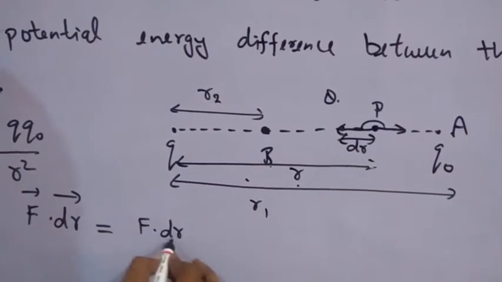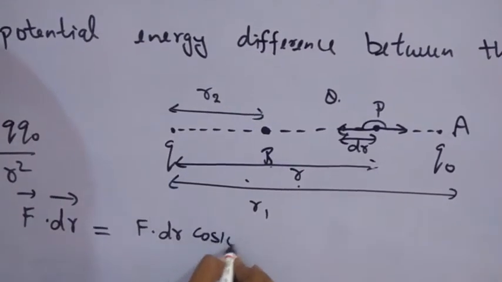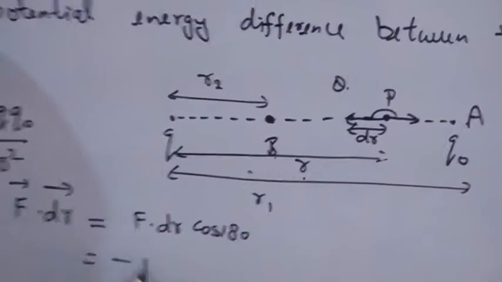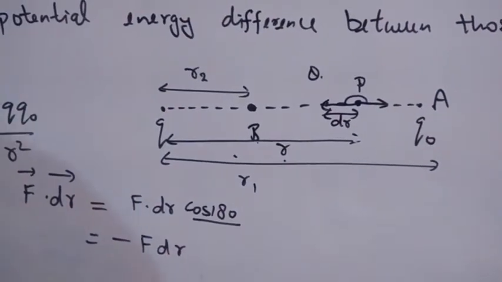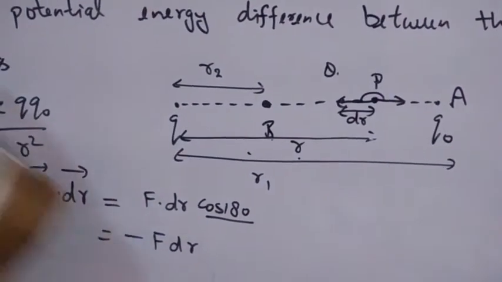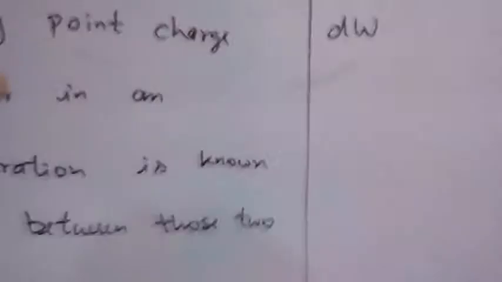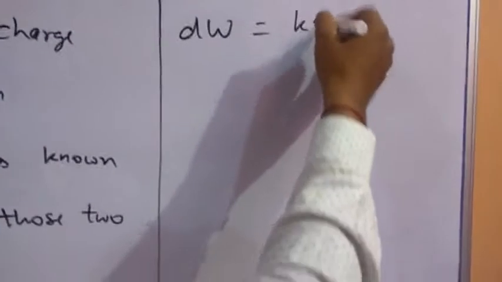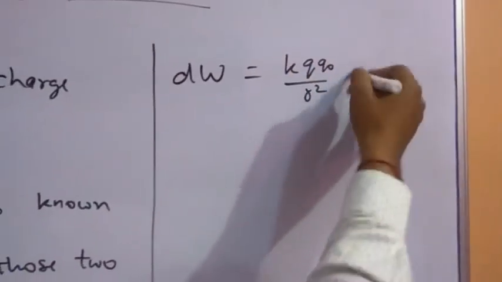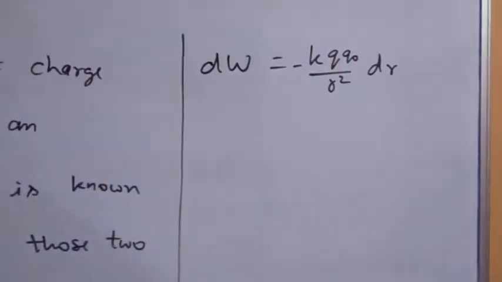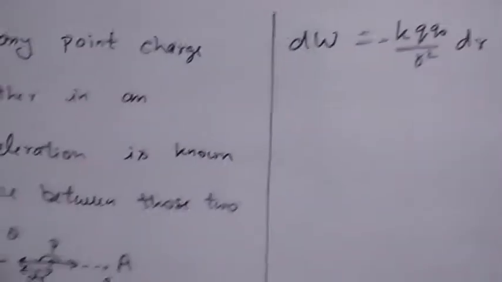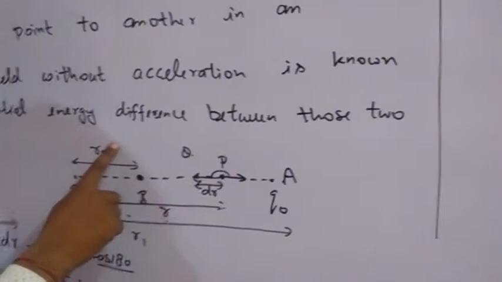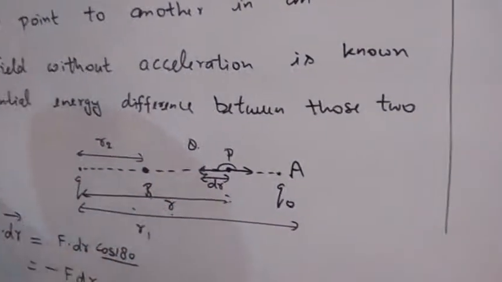So it will be F dr cos 180, which will become minus F dr, as we know that cos 180 is equal to minus 1. So put the value of F over here. We get dW is equal to negative K Q naught by R square dr. Now this small work done will be integrated up to the limit from R1 to R2 to find the total work done.